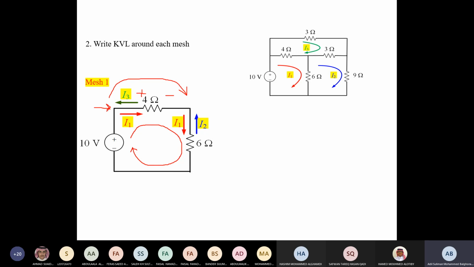The current that is going in this direction is the resultant between these two currents, because I1 is going like this and I3 is going something like this. This is I3 here. Okay. This is I3.